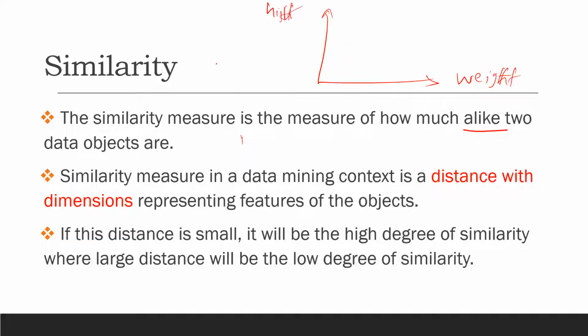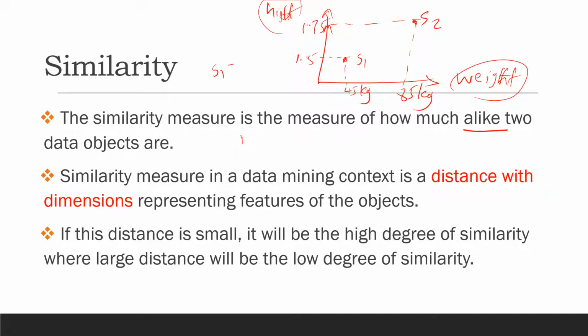Let's say student 1's height is 1.5 meters and weight is 45 kilograms. Student 2's weight is 85 kilograms and height is 1.75 meters. So this is student 2's details. Here we are considering two different attributes.